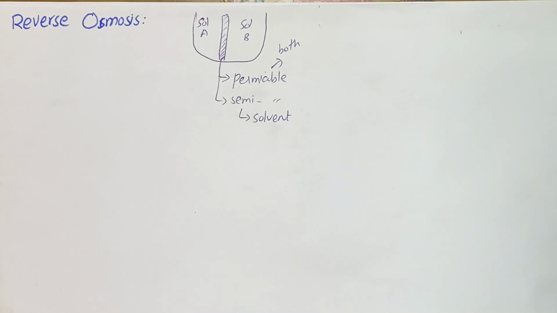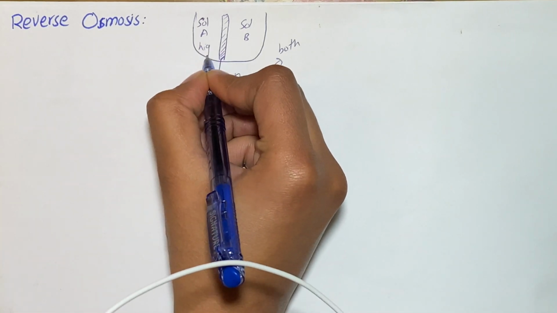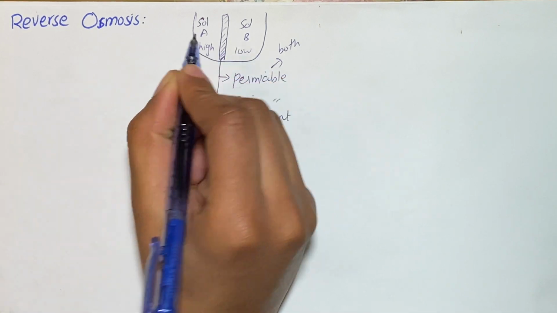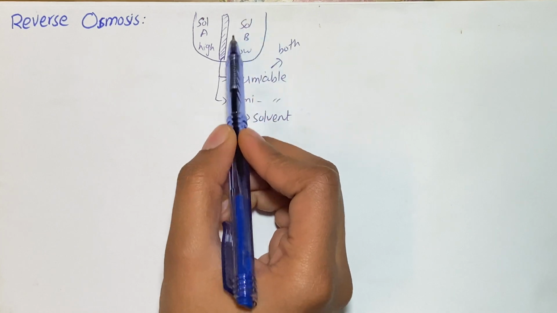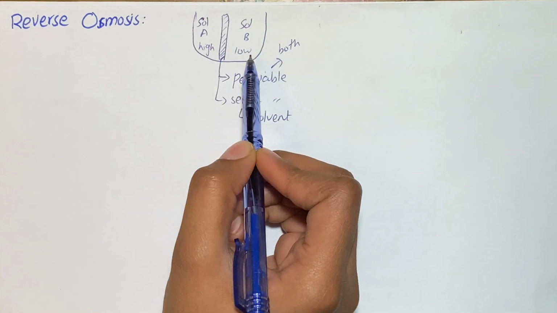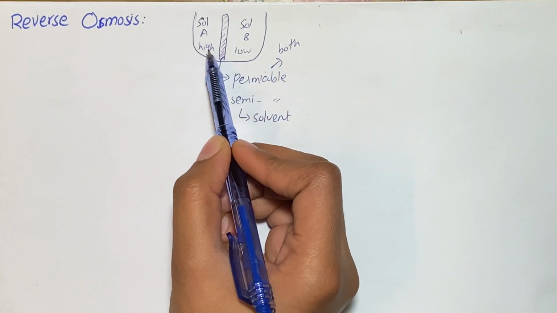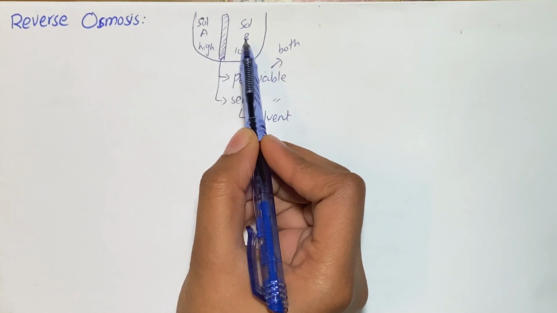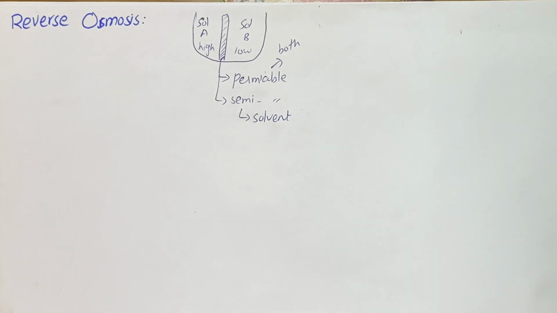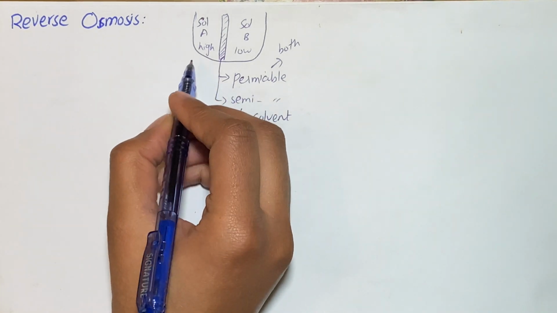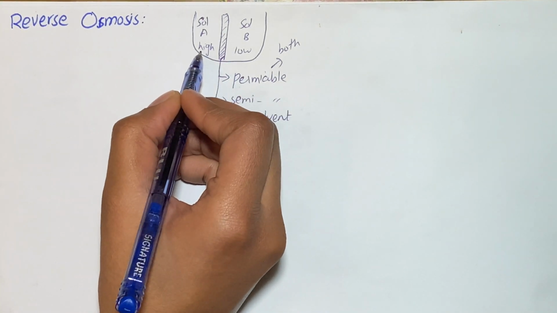So if we are having solution A with high concentration and solution B with low concentration, what will happen if there is a semi-permeable membrane between them? The solution B, which has low solute concentration, will move towards solution A having high concentration to balance the concentration gradient.